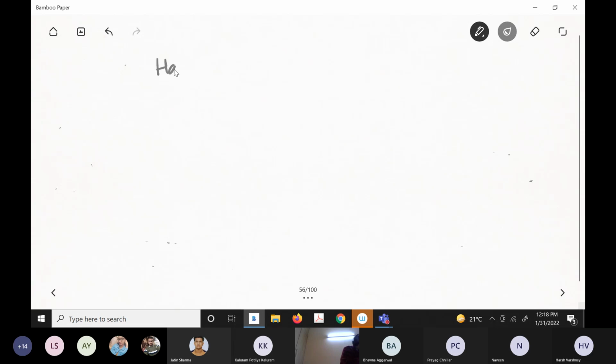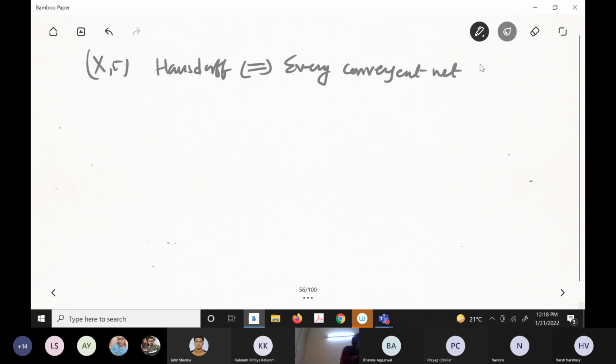We have seen that (X, tau) is Hausdorff if and only if every convergent net has a unique limit. I have to give an alternative proof of this by using the product space.